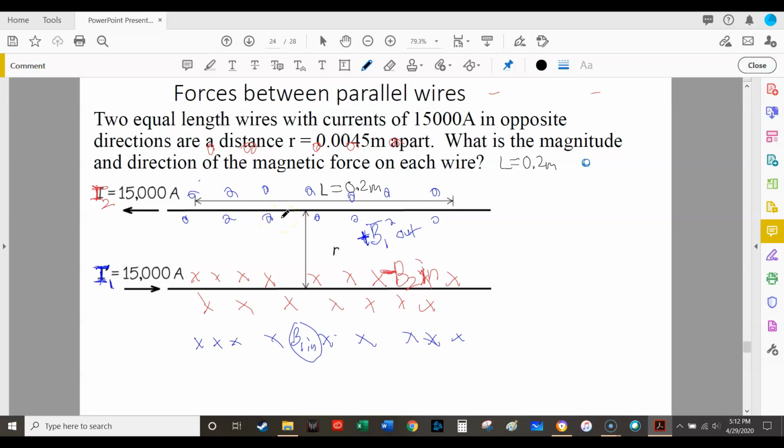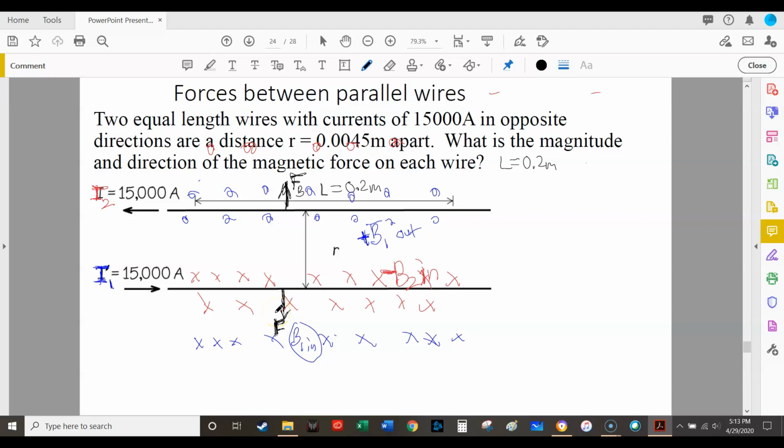That's going to create a magnetic force pointed up. And since forces are equal and opposite, wire number 1 is going to experience that same magnetic force, down. Right?